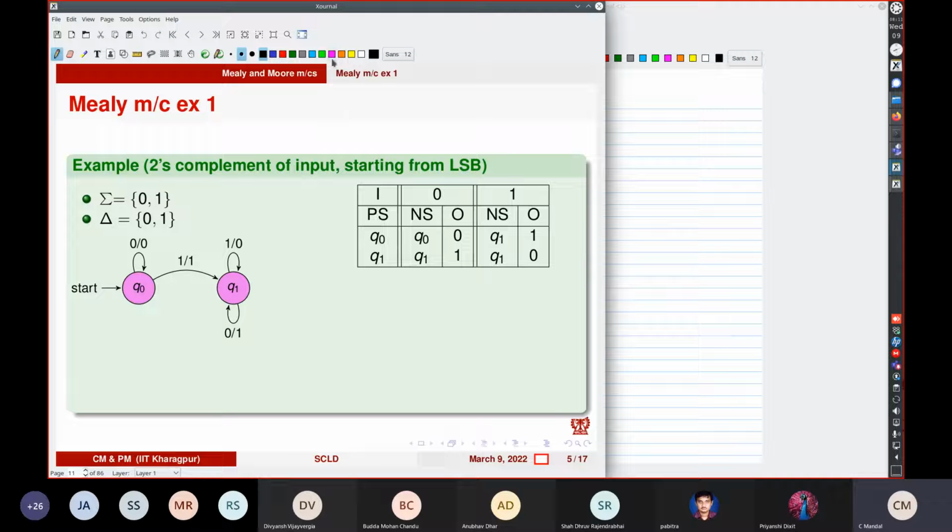where you have a present state, okay, and depending on your input, you make a transition. So you're making a transition to this on 0, and you're making a transition to this on 1, all right.